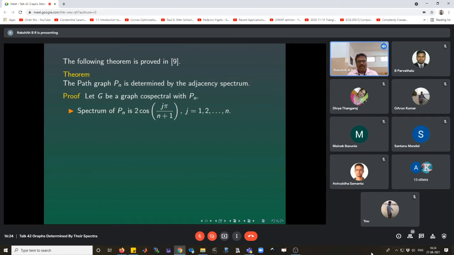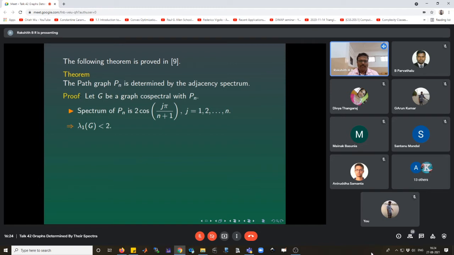From this, it is clear that the largest eigenvalue of the path graph is strictly less than 2. It is strictly less than 2 because the cosine function lies between -1 and 1. So you can easily note that the largest eigenvalue of the path graph is strictly less than 2.